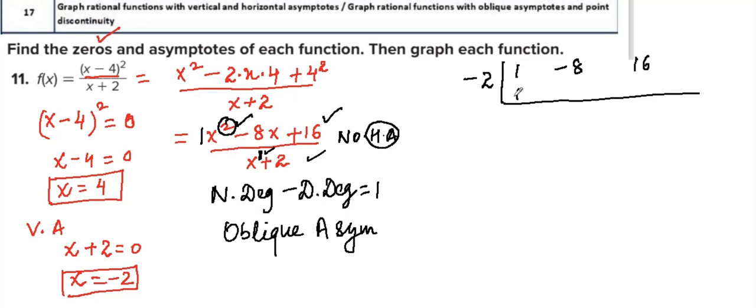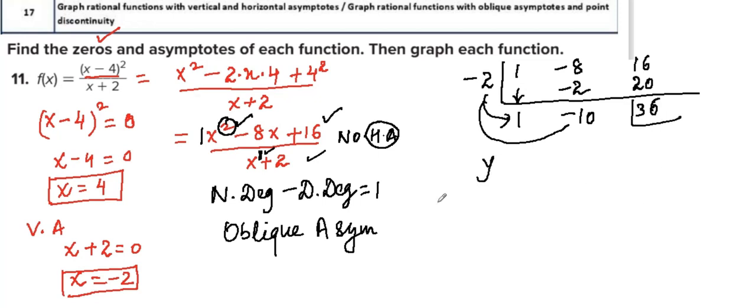The first number remains the same. 1 multiplied by minus 2 gives minus 2, so you get minus 10, and minus 2 multiplied by minus 10 is 20, which gives 36. This is your remainder. We are not taking the remainder, so your oblique asymptote is y is equal to x minus 10. You know how to do this in synthetic division. We have done so many questions in term 1.